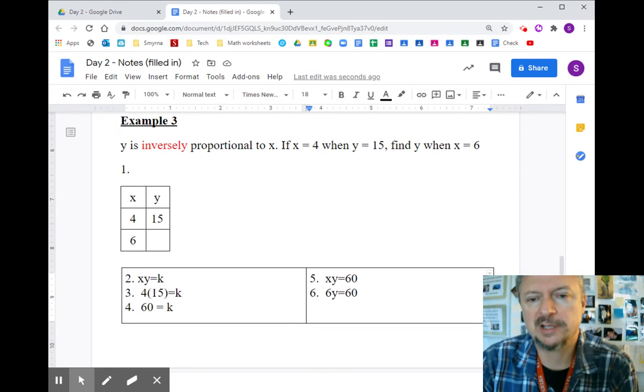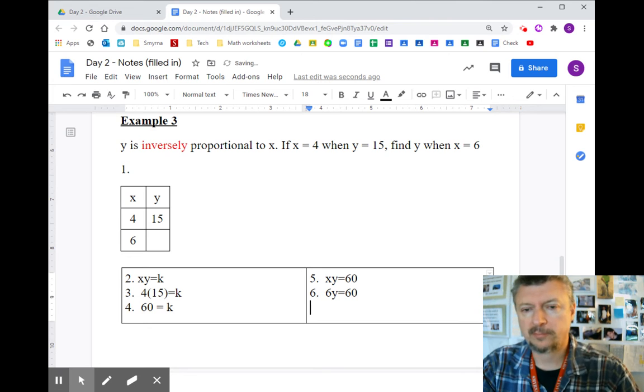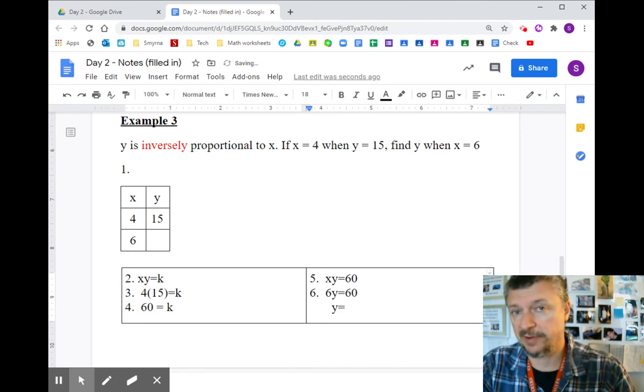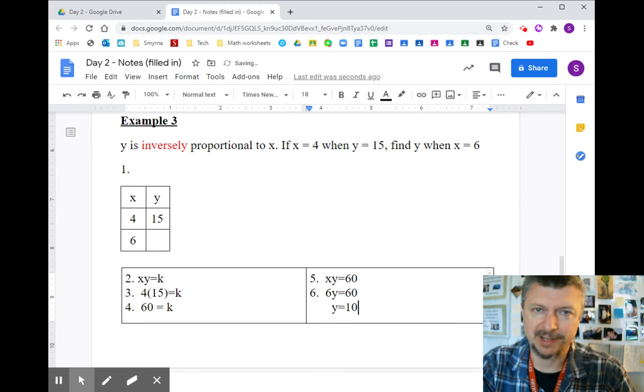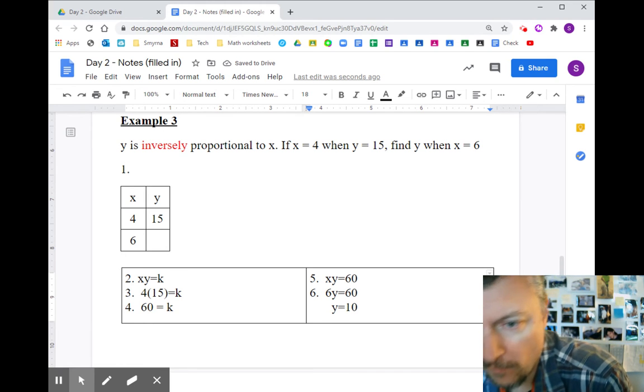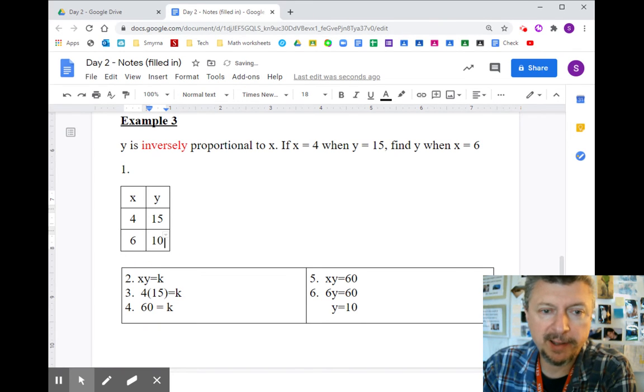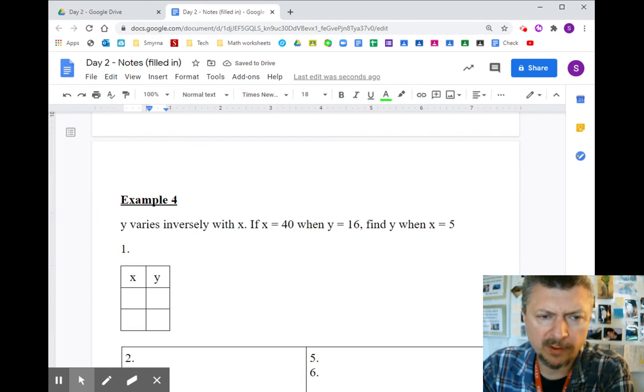So you divide both sides by 6, and it goes away here. 60 divided by 6 is 10. All right. And then you can put the 10 in here if you'd like. Green, a brighter green this time. There we go. All right, one more example.